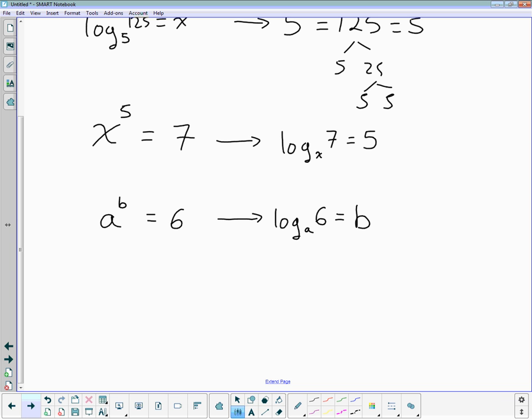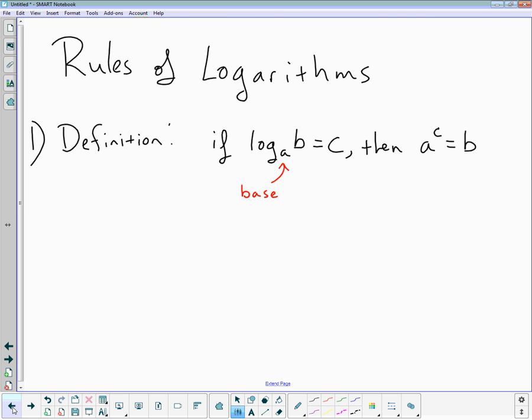So the next one we're going to see is arguably the one that you're going to use the most, which is log base anything, call it a, I don't care, of b to the c. So b is to the c power.